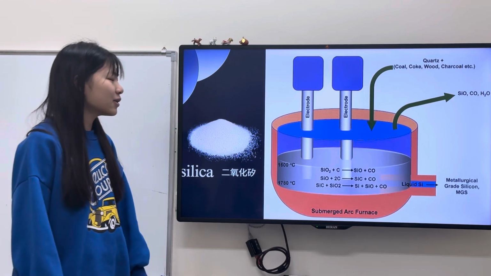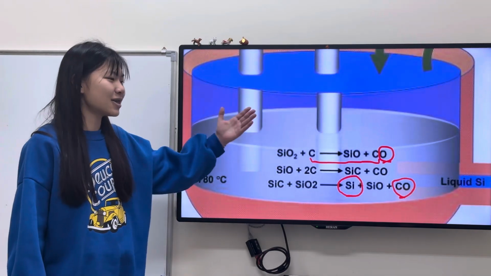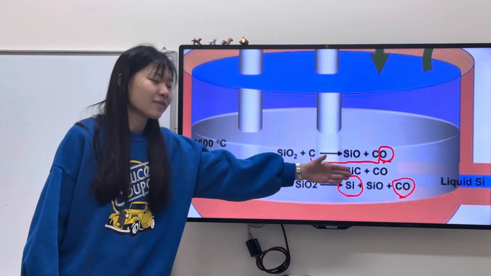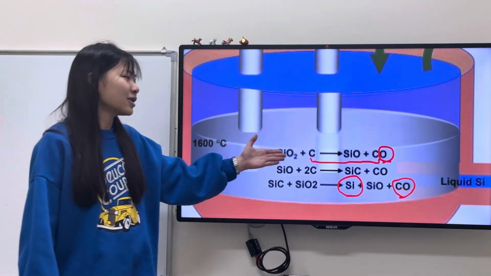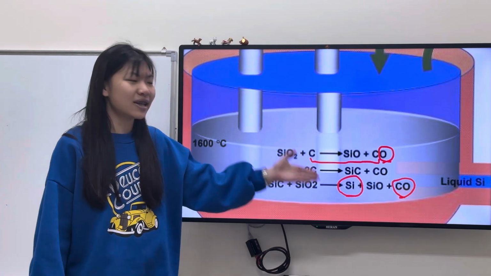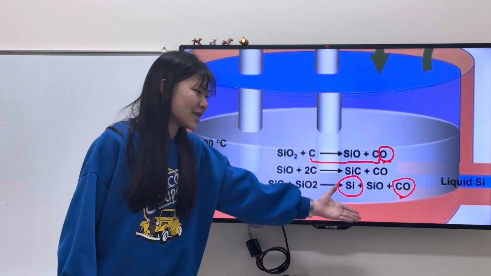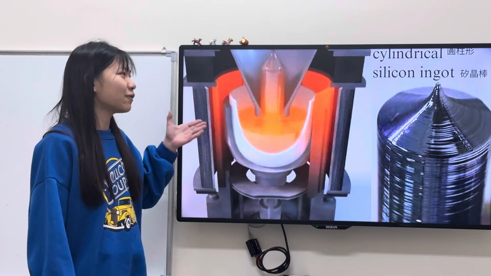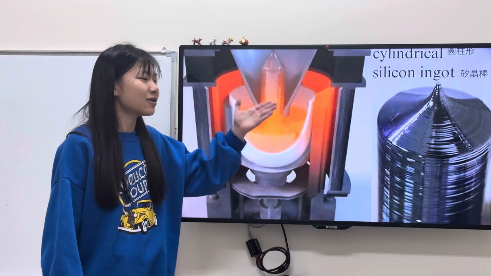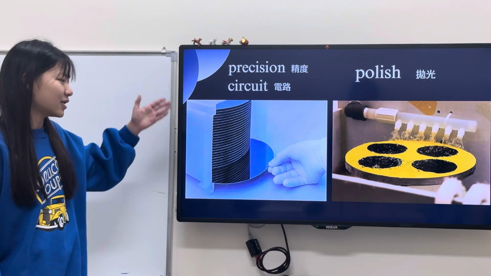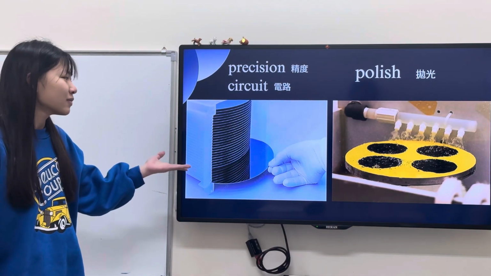The sand would be mixed with carbon and heated to liquid. The carbon in it would react with oxygen to create silicon and carbon dioxide. The silicon would then be formed into a cylindrical silicon ingot, and it will be sliced into pieces.